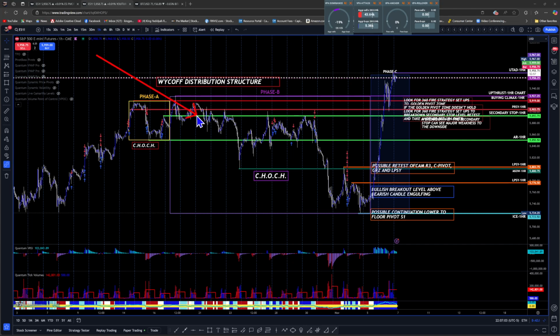After the uptrust is created, we get into phase B, right? So move out of phase A, that yellow rectangle right there, change of character from the uptrend, move into phase B. We move down, we create a minor sign of weakness, right?